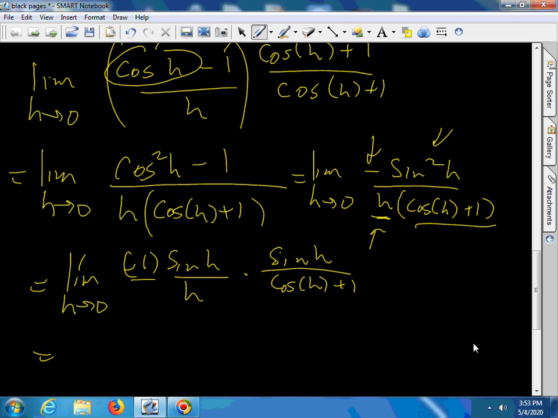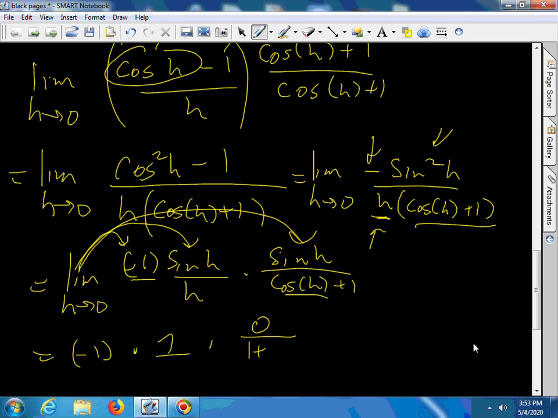So the limit as h goes to 0 of negative 1 is negative 1, times the limit as h goes to 0 of sine h over h, which is also 1, times this one. Well, the sine of 0 is 0, and the cosine of 0 is 1, over 1 plus 1. This is a well-defined number. It's 0.